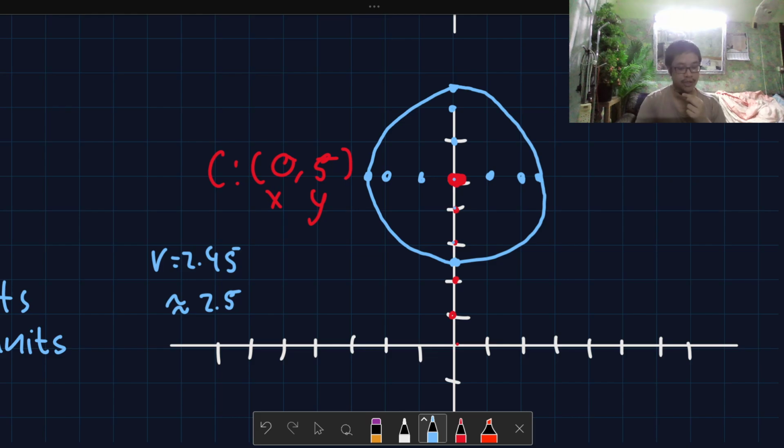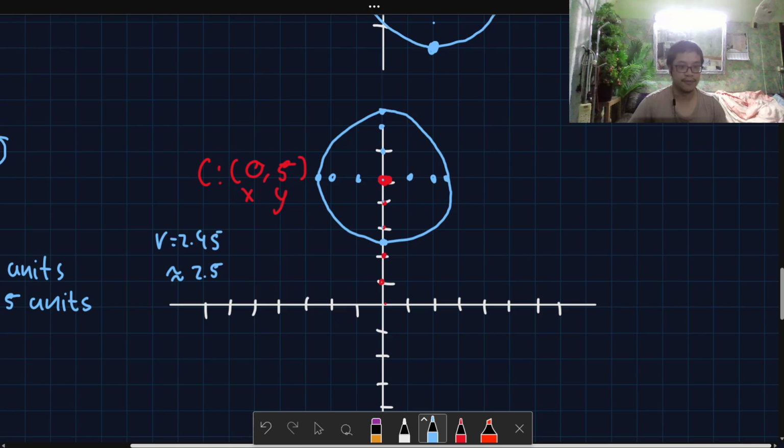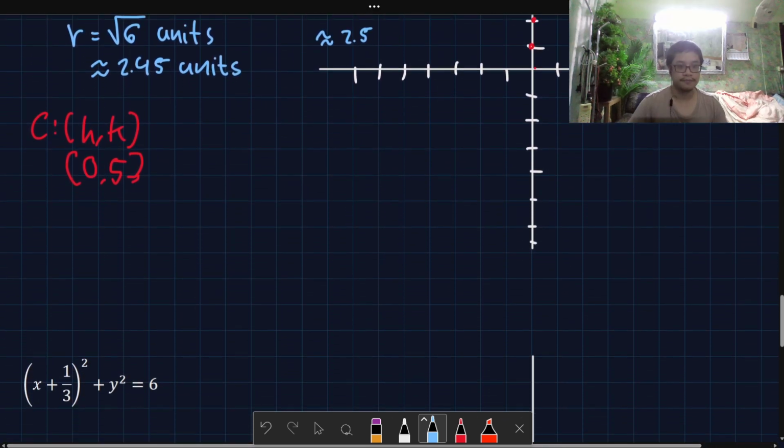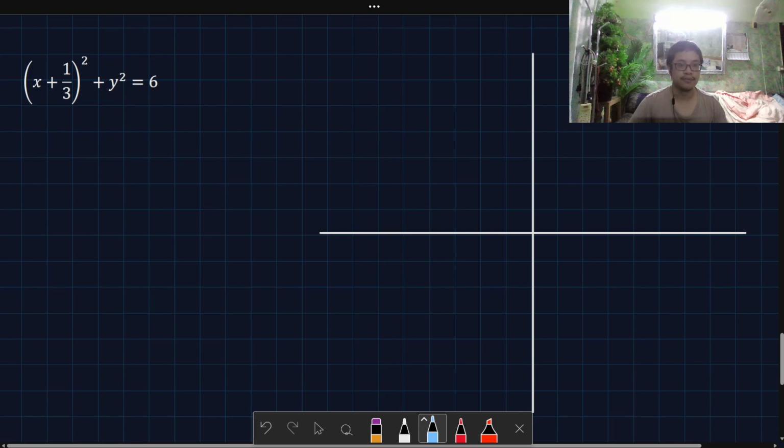Okay, we're good. Let's have more examples. The more the merrier. This one is interesting because you see we have a fraction. So how are we going to graph this one? First and foremost, start again with your r squared.